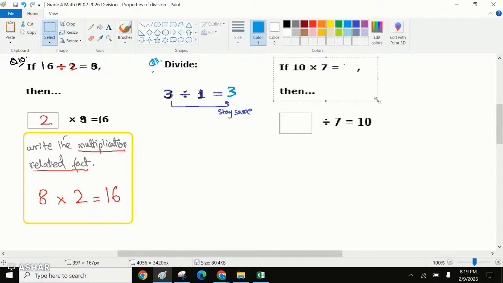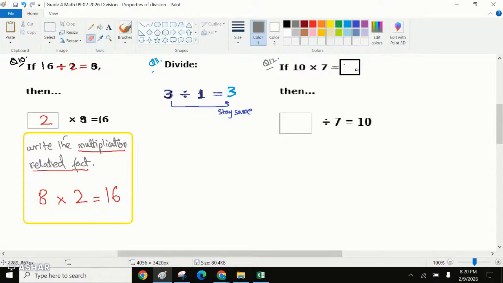See, the answer was given. I removed the answer from here so that we can give the answer over here ourselves. Question number 12 says, if 10 is multiplied by 7, what should be the answer?